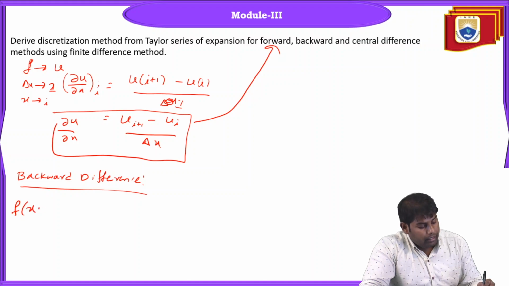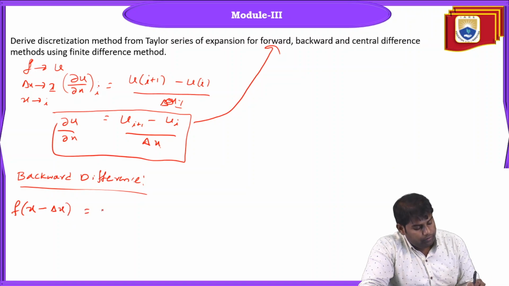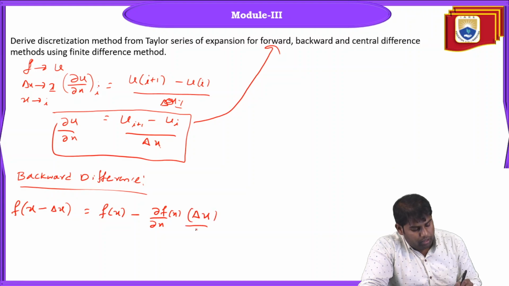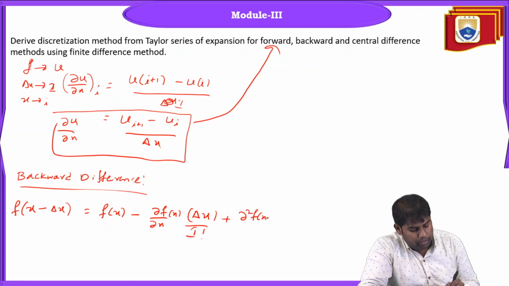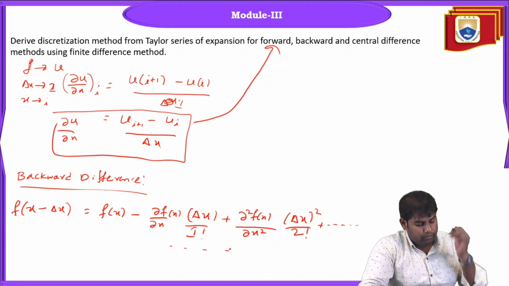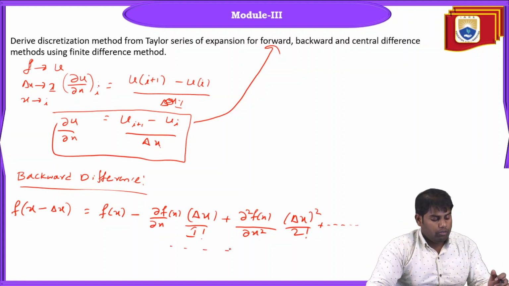Instead of plus we will do x minus Δx. f of x minus Δx is equal to f of x minus ∂f/∂x into Δx divided by 1 factorial plus ∂²f/∂x² into Δx² divided by 2 factorial plus so on. Okay. So this is what we have.